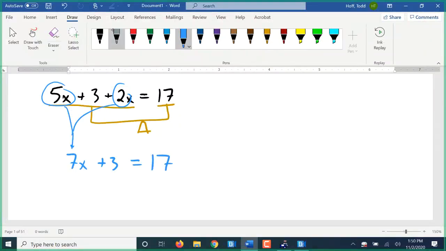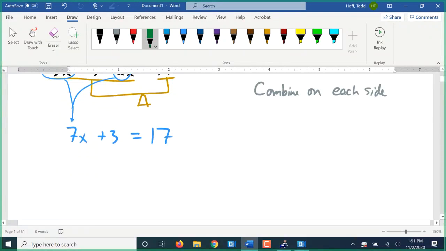So when we are going to solve an equation, before we solve, one of the things that we sometimes have to do is to combine on each side. Now that we've made that combination, this looks just like the last equations we've solved.